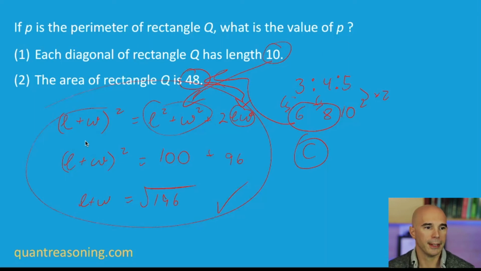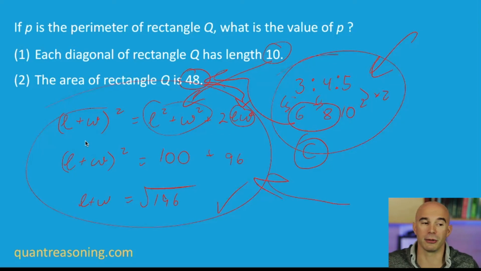Yeah. So the only danger with the observation is that maybe there's another pair of numbers other than 6 and 8, such that the product is 48 and the sum of the squares is 100. If you do the algebra, you're proving that there isn't, that this is the only pair. With this, it's like, okay, I found one case that works, but am I convinced that there doesn't exist another case that works?